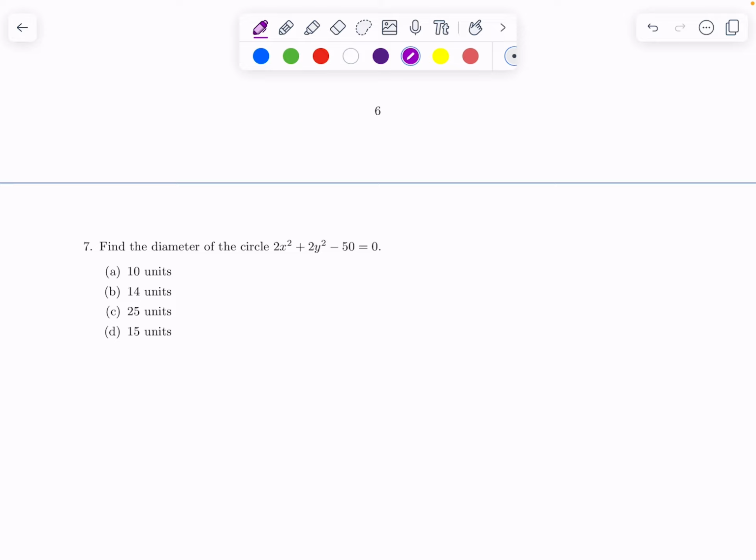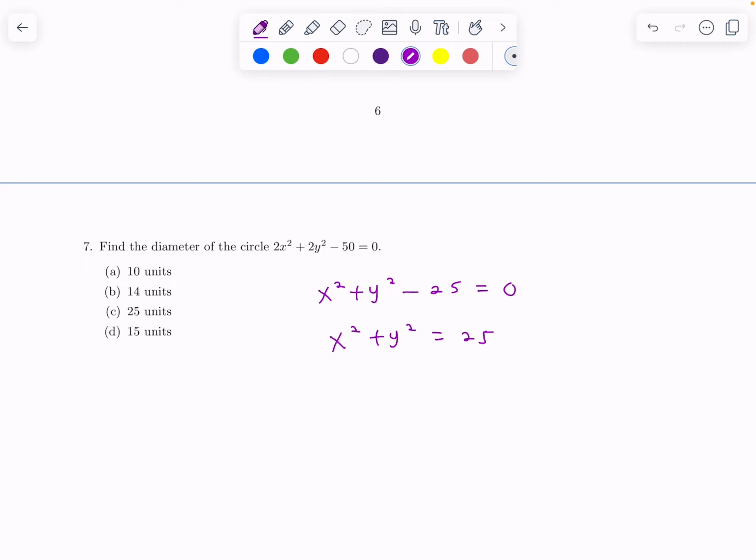If I divide through by 2, I'm going to get x squared plus y squared minus 25 is equal to 0, because 0 divided by 2 is going to be 0, right? And then I can move the 25 to the other side of the equation. So this is going to be x squared plus y squared equals 25.